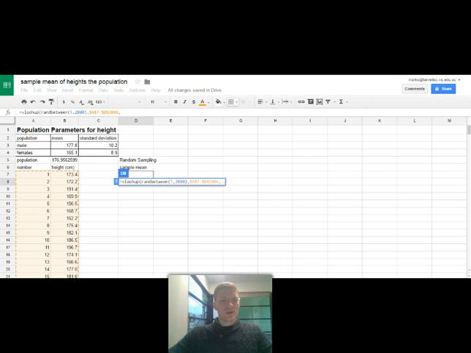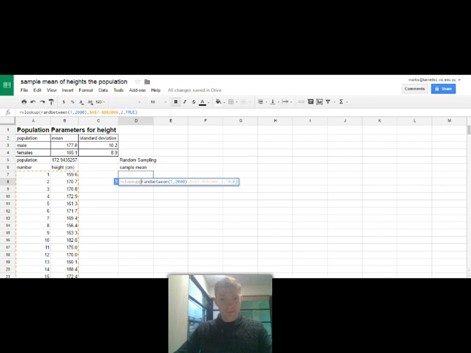We want to return numbers from the second column, just the heights. So we have to put 2 for the second column there. And we want to return exactly that number with some random number from 1 to 2,000. So the syntax, what we need to put next is writing TRUE. Okay, and that should do it.